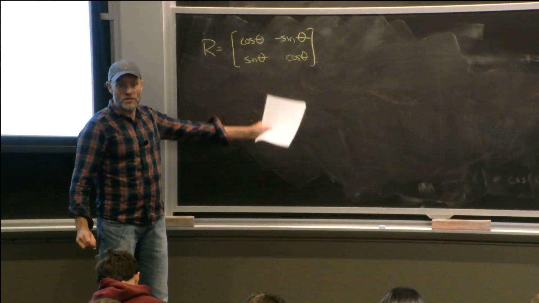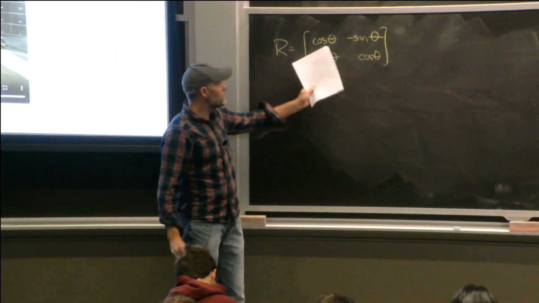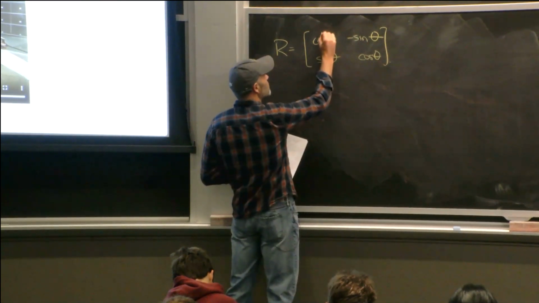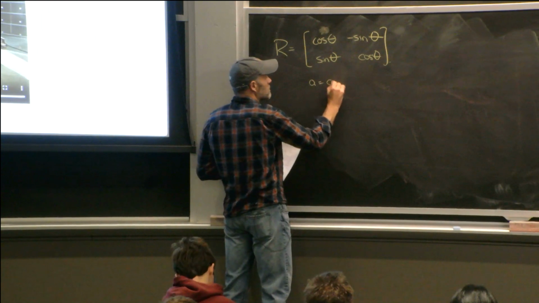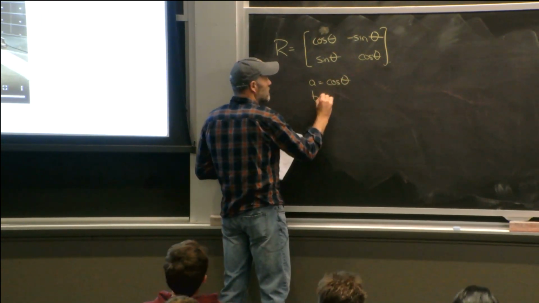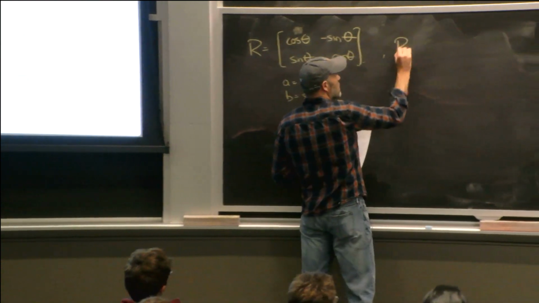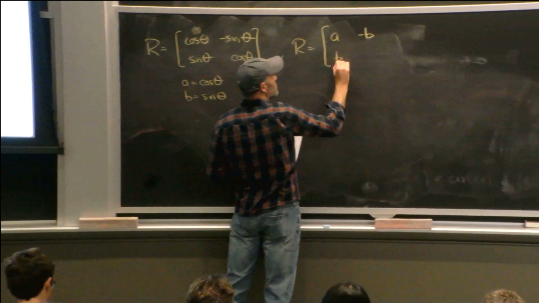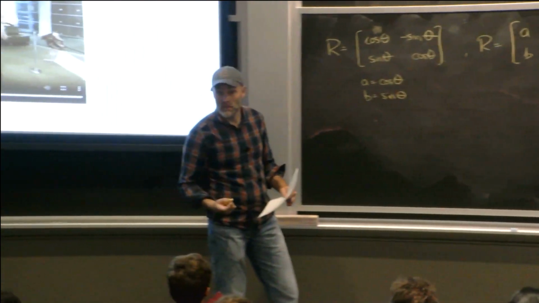But to keep our analogy to the 3D case, I'm going to name a variable A for cosine theta, B for sine theta, and parameterize my matrix as A, negative B, B, A. Again, I'm going to search over A and B.